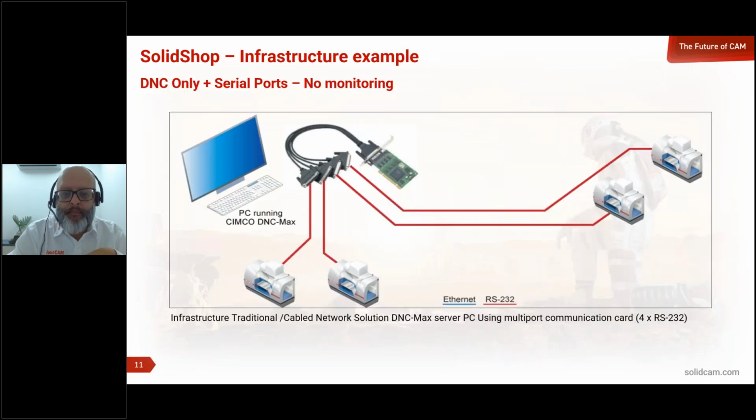I want to talk briefly about infrastructure examples. Today we're going to cover mostly the DNC and the PDM product. Some plants and some resellers and partners and offices want also to expand more on the real-time monitoring, and we are going to have that as well.